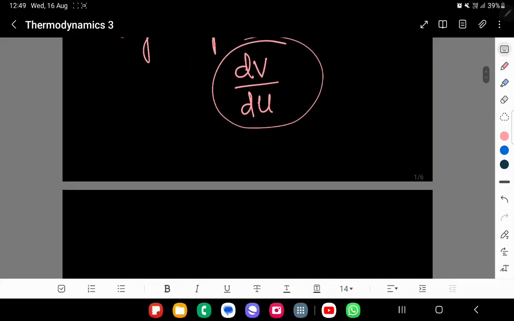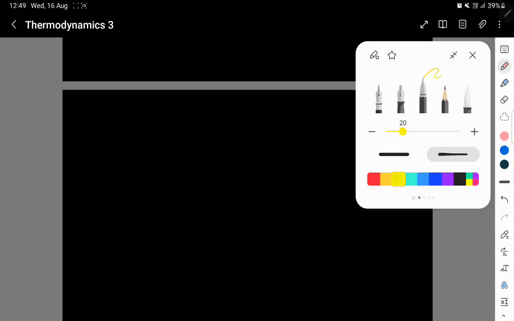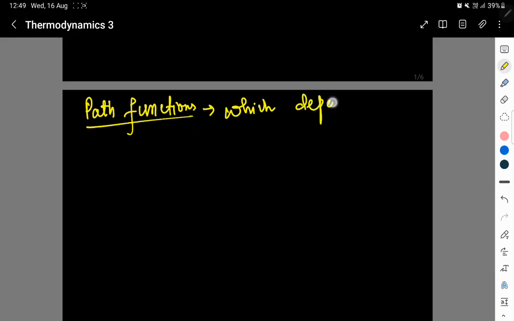Now what are path functions? Path functions are those functions which depend upon the path followed.